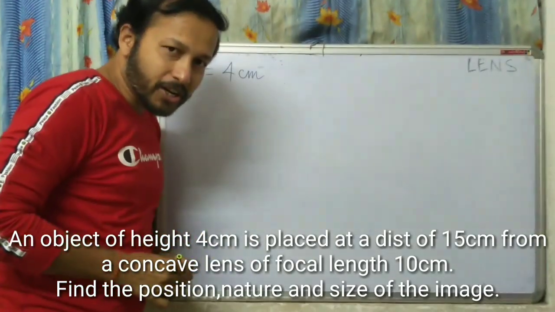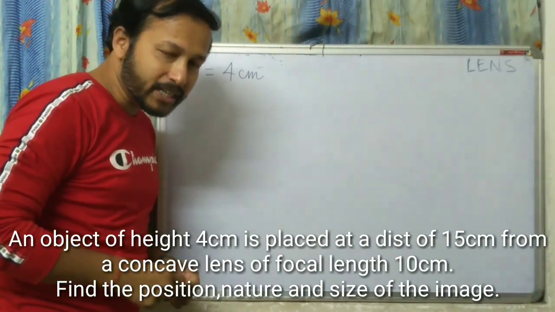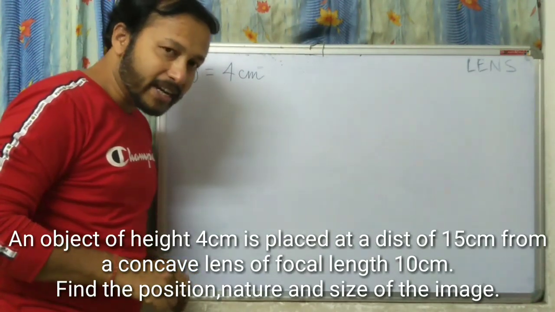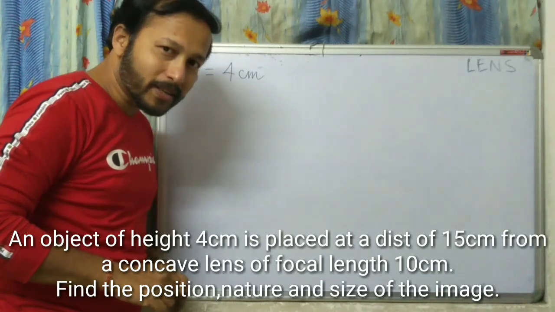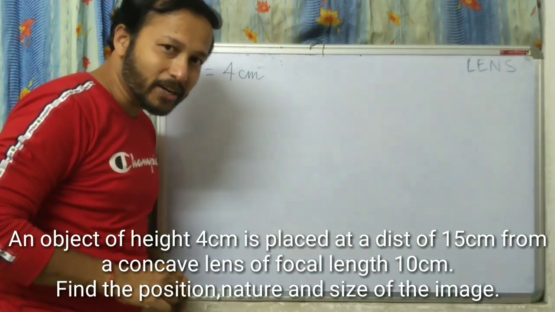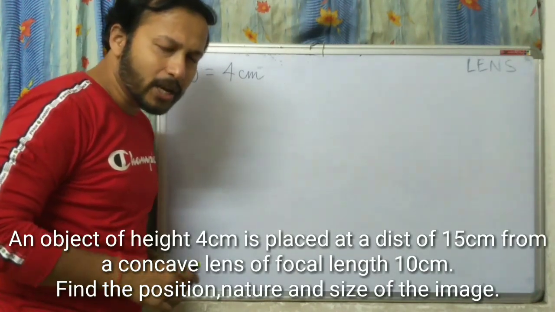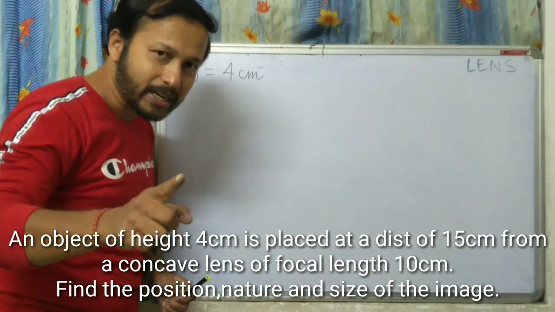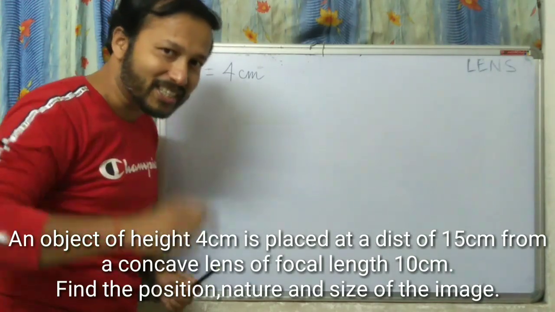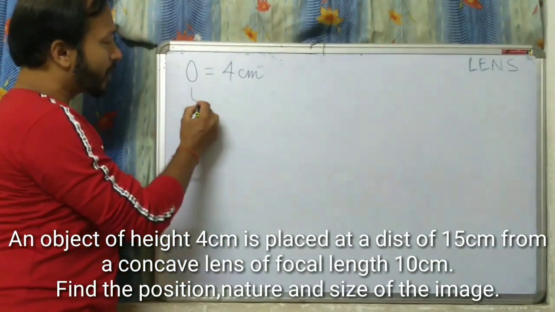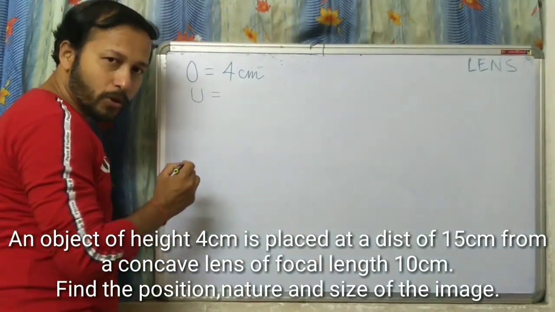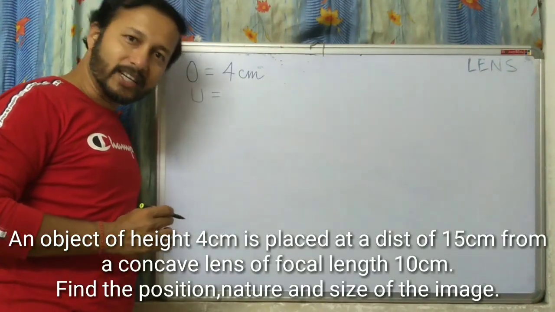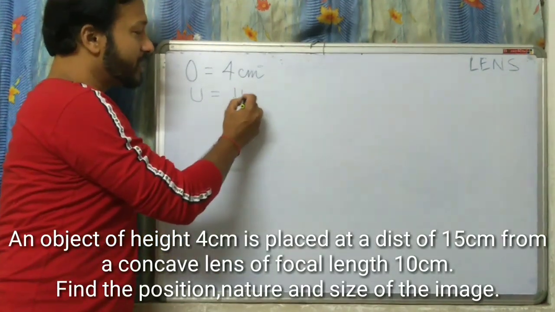An object of height 4 centimeter is placed at a distance of 15 centimeter from a concave lens. Object is placed at a distance of 15 centimeter means object distance, which we have denoted by U. So U is my object distance, which is 15 centimeter.